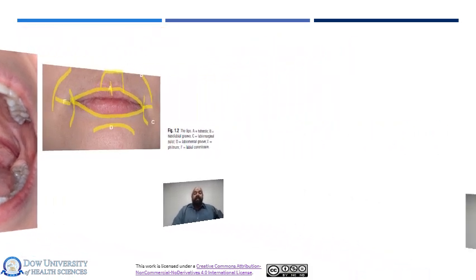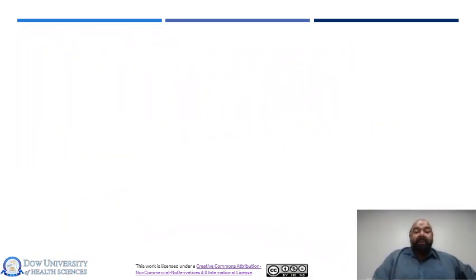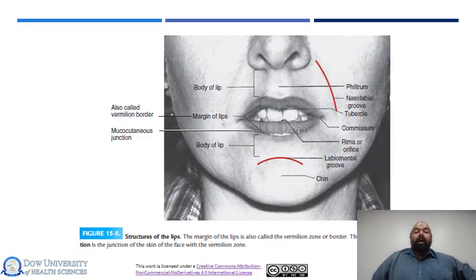Now, this is another picture of how the teeth and the structures of the face look like. Now we have the commissure here, which are the corner of the lips or the corner of the mouth. Then we have the philtrum here, the nasolabial grooves, the labiomental grooves, and then this is the vestibule or the orifice.